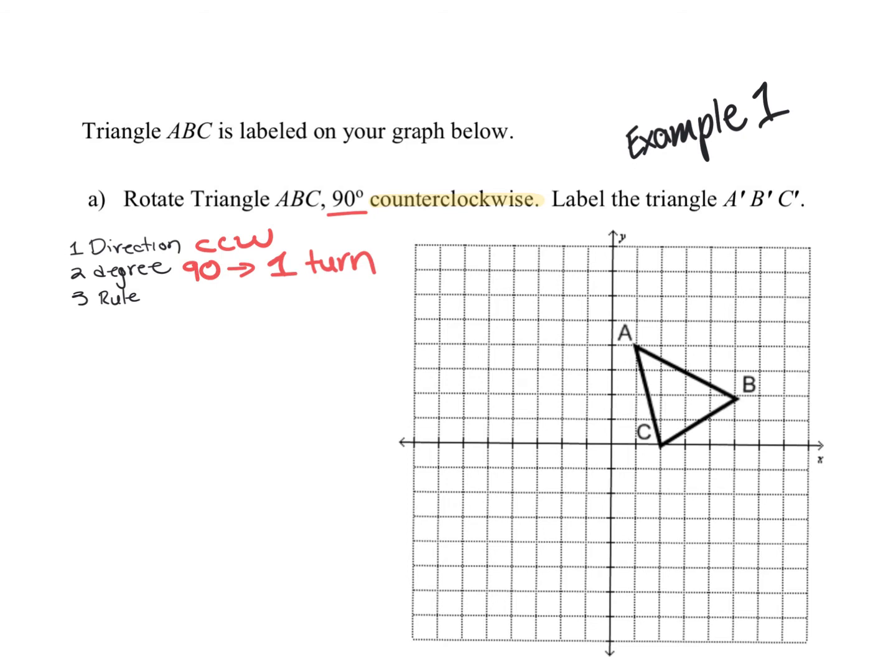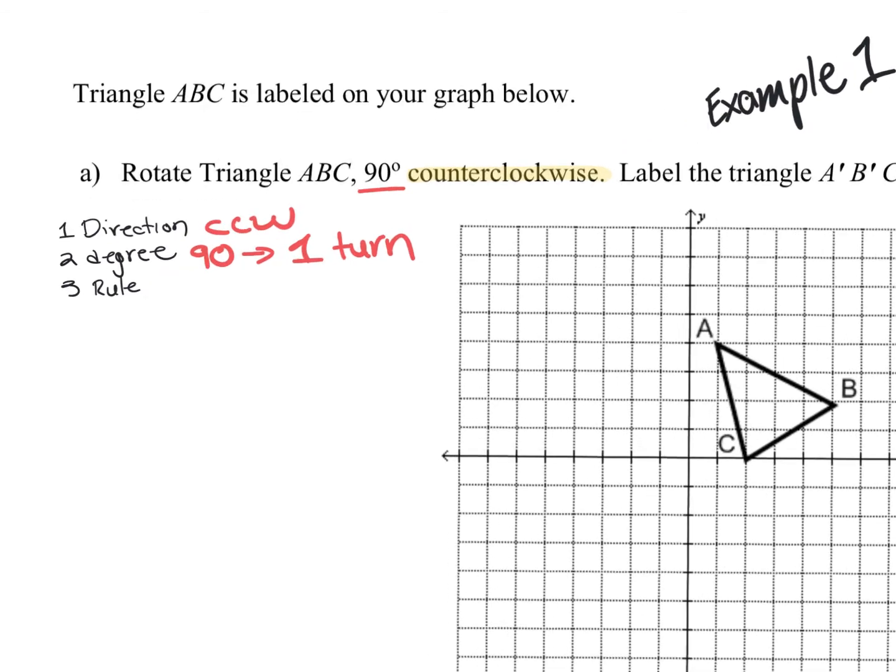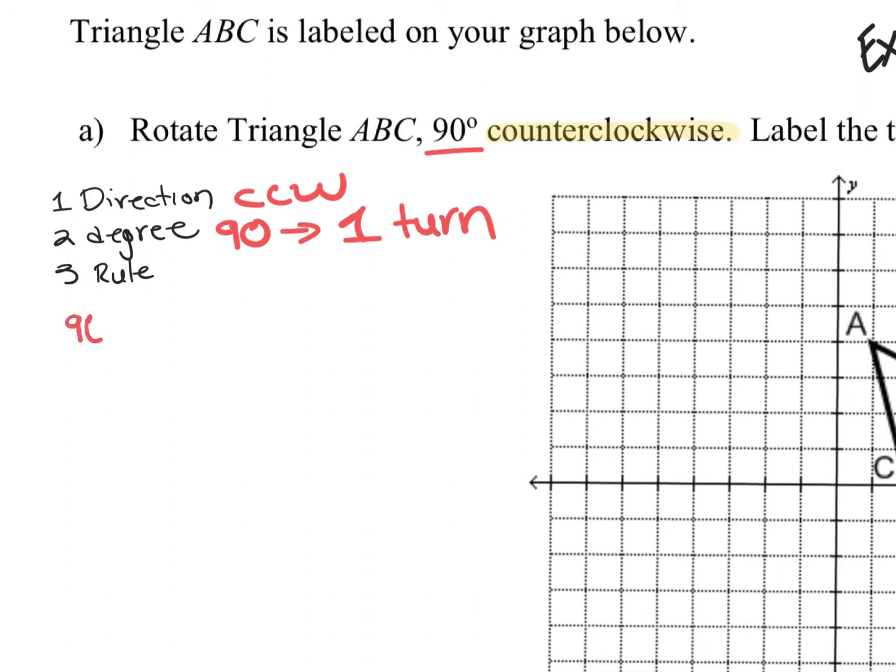So now that we know that we're going counterclockwise at 90 degrees, we're going to go and look at our notes and pull the rule that applies to this. The rule that applies to this problem specifically is your 90 degree counterclockwise or your 270 degree clockwise rotation rule, which states I'm going to take my original point, which is (x, y), and I'm going to flip the order.